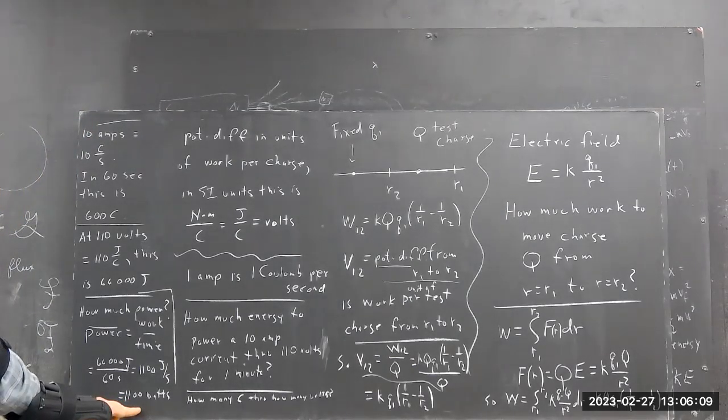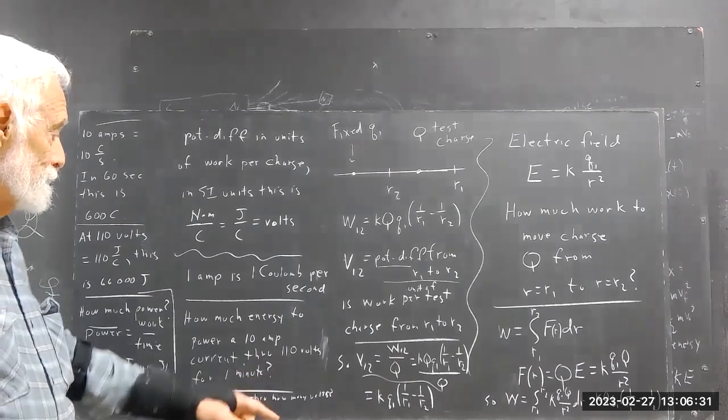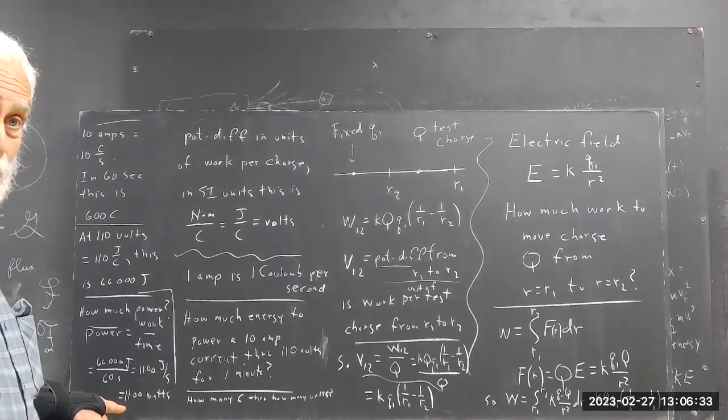That's also what I checked a couple of years ago. 1,100 watts, okay? You pay about 15 cents per kilowatt hour. 15 cents for 1,000 watts for an hour, okay? And this is just a little over 1,000 watts.